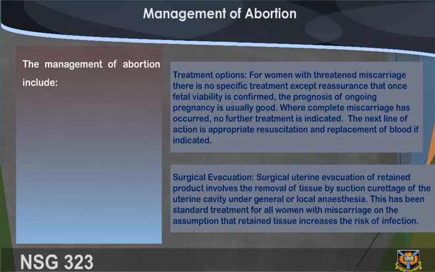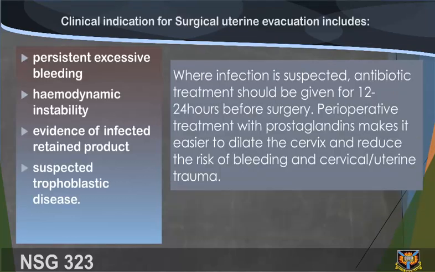Surgical evacuation. Surgical uterine evacuation of retained products involves the removal of tissue by suction curettage of the uterine cavity under general or local anesthesia. This has been standard treatment for all women with miscarriage on the assumption that retained tissue increases the risk of infection.